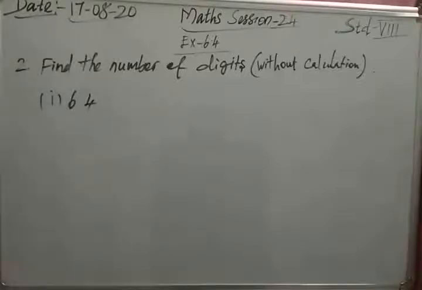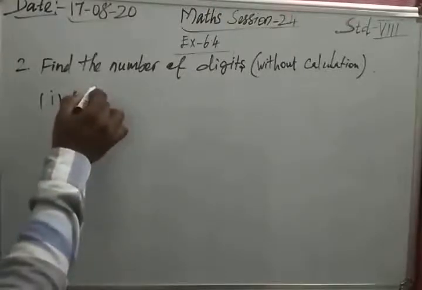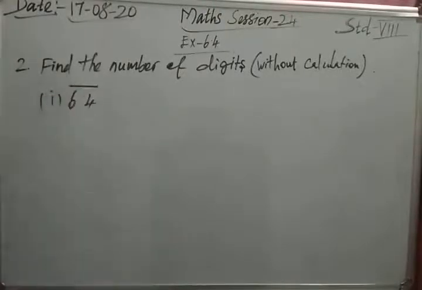Here we are going to use one small method, the same thing we did in the previous one. Whenever we find a square root, we draw the bars from the right-hand side, for every two digits. According to the number of bars we get, the number of digits in the square root will be decided.